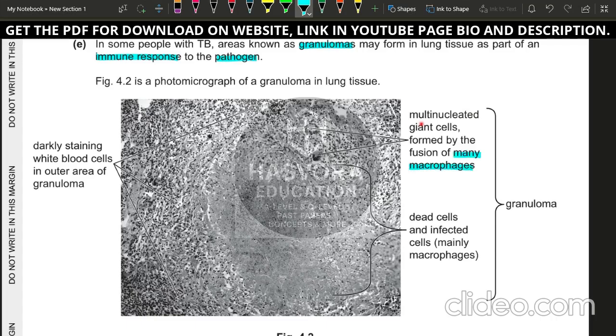I think what it does is try to isolate the pathogen, like the agglutination you have studied. The pathogens are isolated, or packed together, so that they can be destroyed via phagocytosis. So dead cells and infected cells, mainly macrophages, are what form your granuloma.